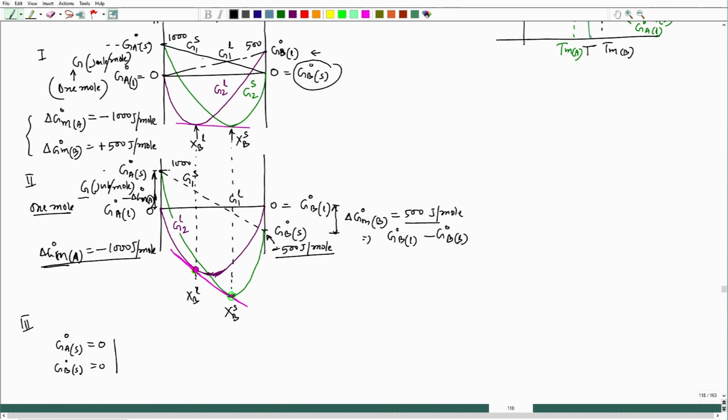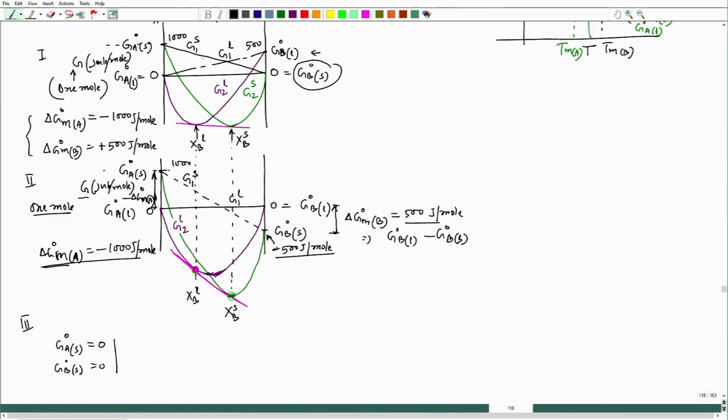On the B side plus 500, and on the A side it should be minus 1000 joule per mole. So, please make sure that you are maintaining that, then things will be absolutely fine. You will get a plot where the common tangent will touch the same composition which we have got in case 1 as well as case 2. Case 3 would also yield the same compositions at the temperature.